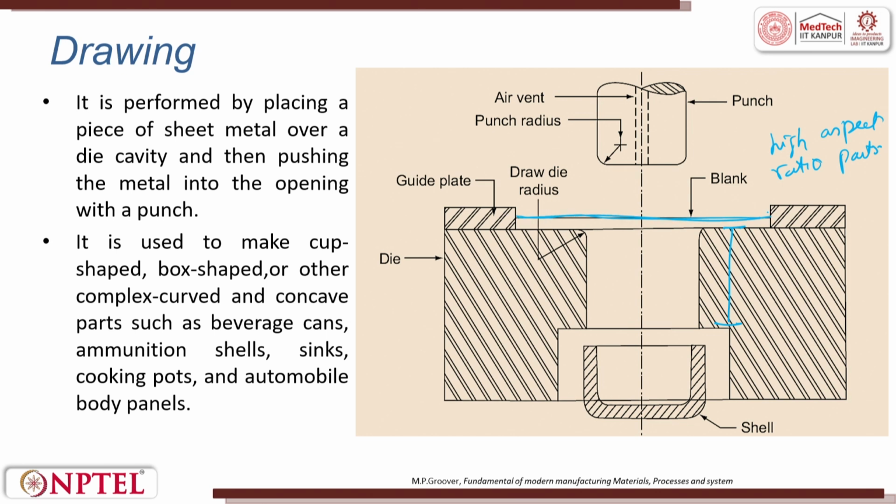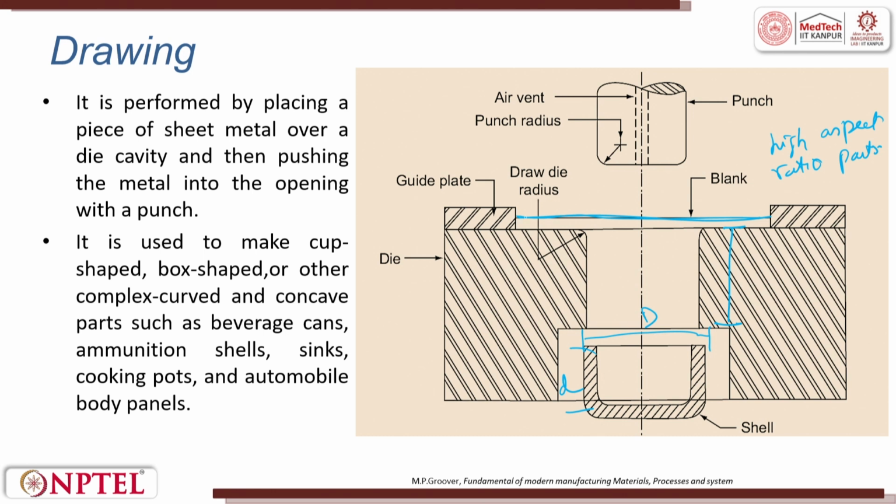What is a blank? Sheet metal. You had a punch, you pressed it, and what fell down was the blank. Now, using this blank, you are trying to push it against a punch which moves into the die to create high aspect ratio parts. So, here the diameter to depth matters.